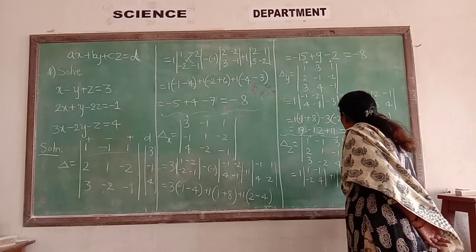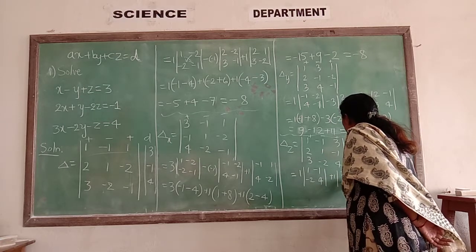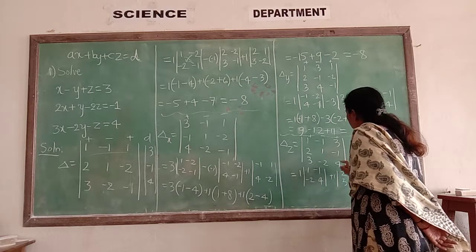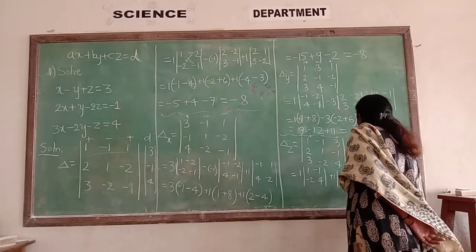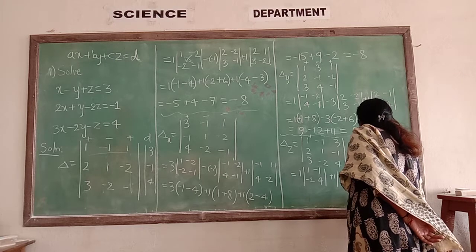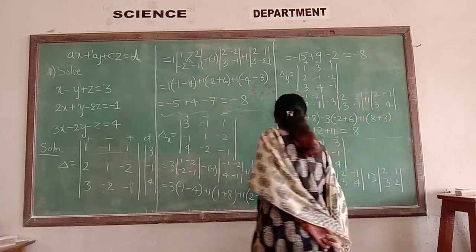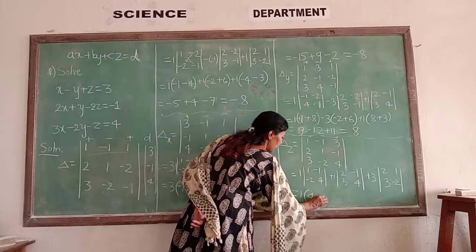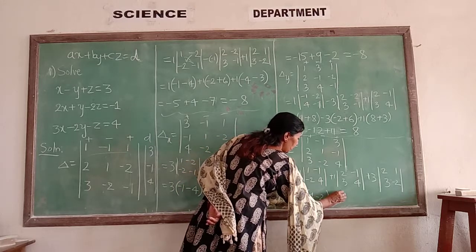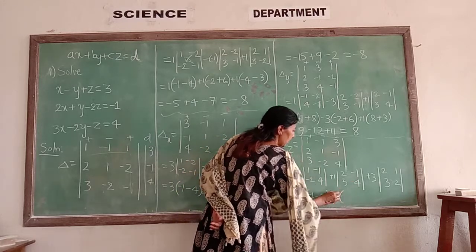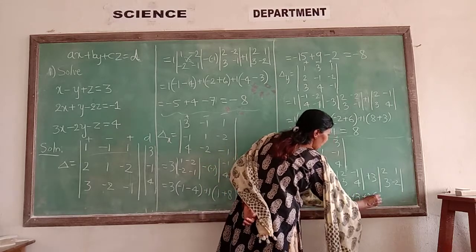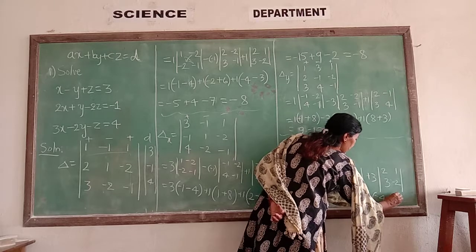Directly I am writing these steps. 2 minus 1, 2 minus 1, 3 4 plus 3 into 2 1 3 minus 2. So expansion of this, what will you get? 1 into 4 minus 2 plus 1 into, how much you get? 8 plus 3 plus 3 into minus 4 minus 3.